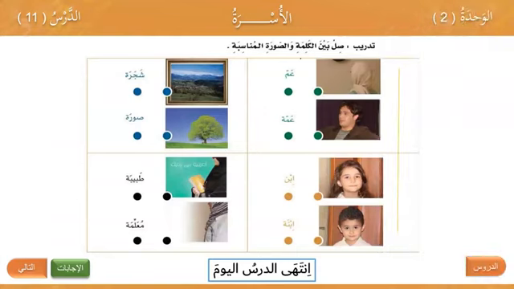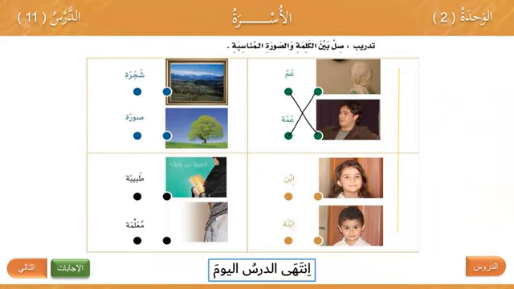تدريب صل بين الكلمة والصورة المناسبة. Now we have to connect between the word and the appropriate picture. طيب, so if you look over here, we have, for example, Ammun, and Ammun is masculine, so I just draw the line by myself. Ammun is here, and Ammatun is over here, uncle and aunt.